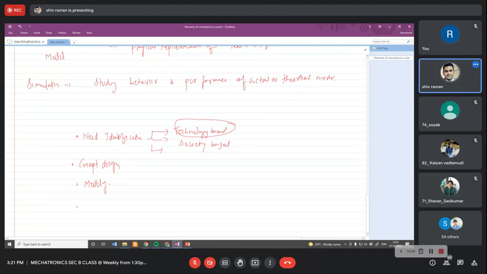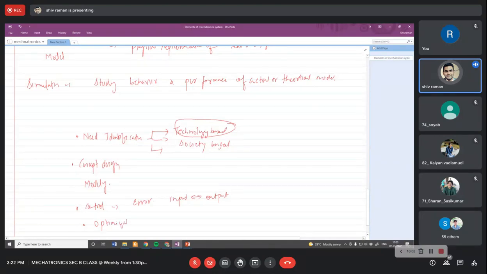Okay, and finally control. We should have a control system through which we can minimize the error by taking feedback between input and output signals. Then finally we have optimization.